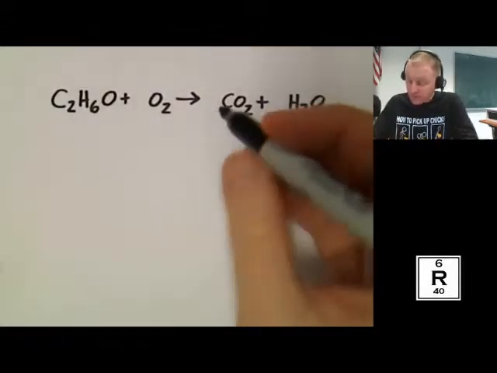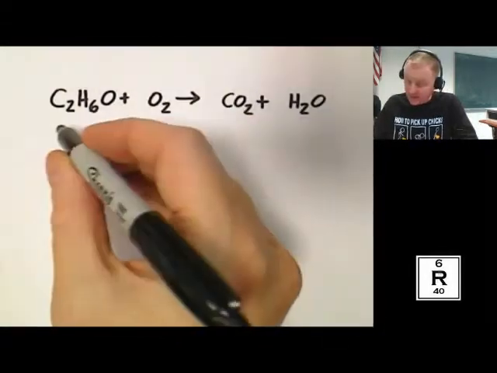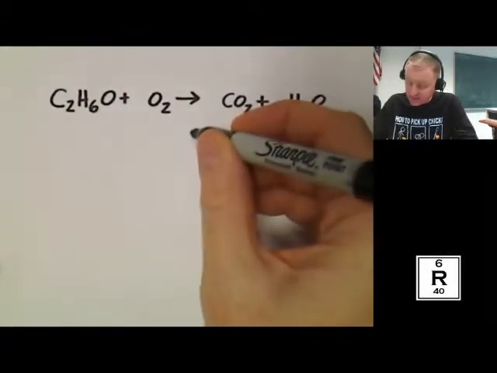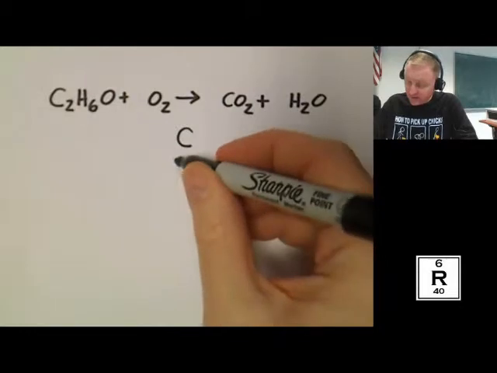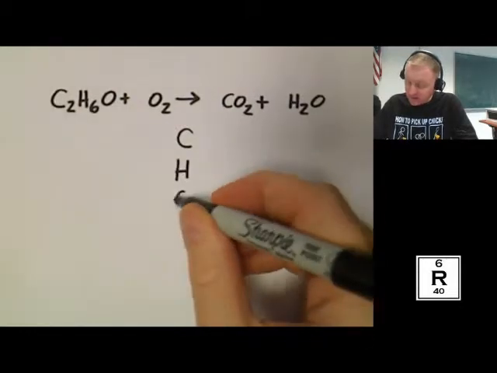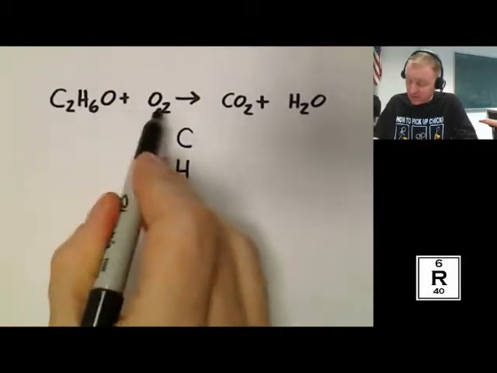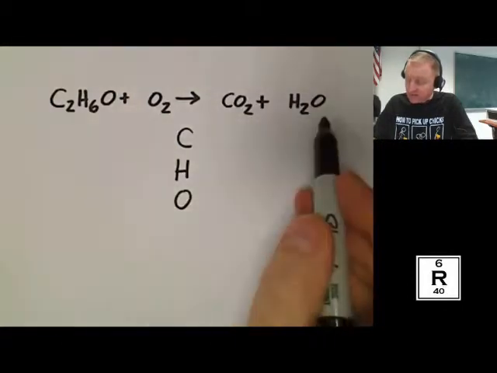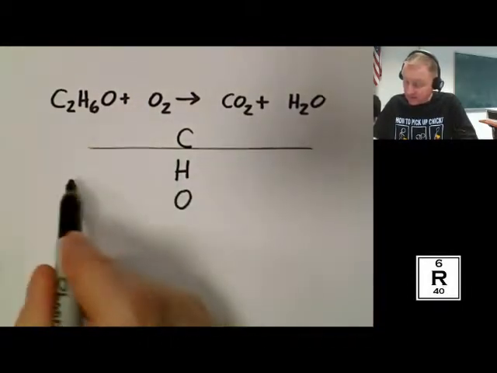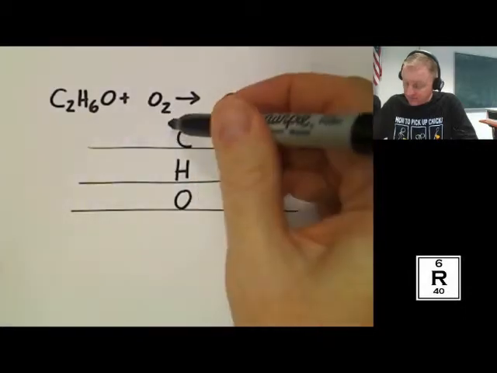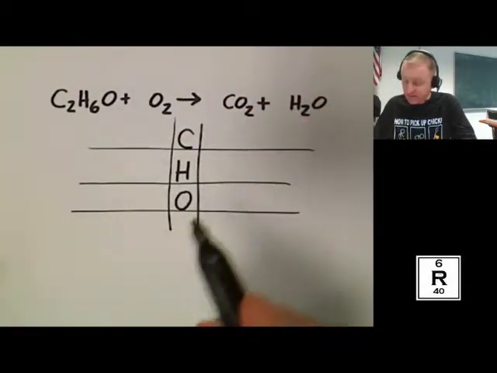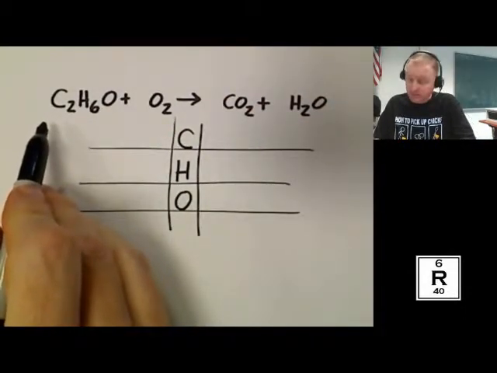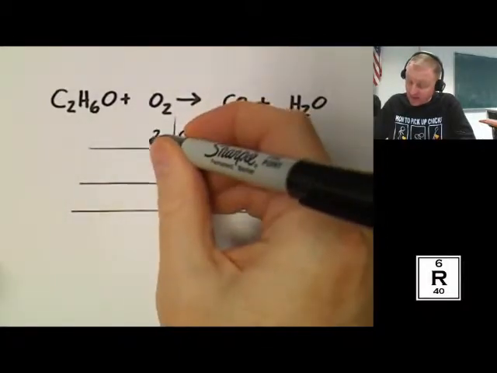So first thing I'm going to do is list the atoms. Just list, not count. I've got carbon, hydrogen, and oxygen, and that's the same on both sides. So next thing I want to do is count them. So let's count them up. I have 2 carbons as reactants.